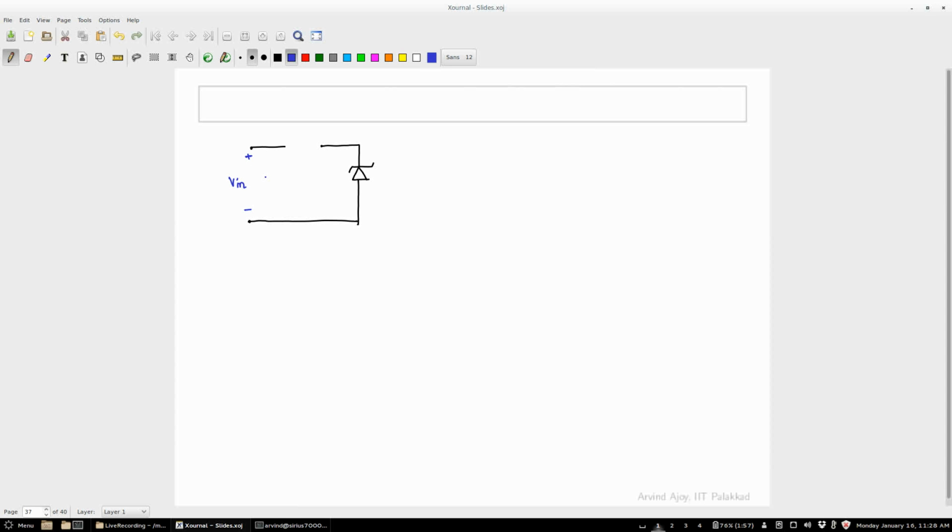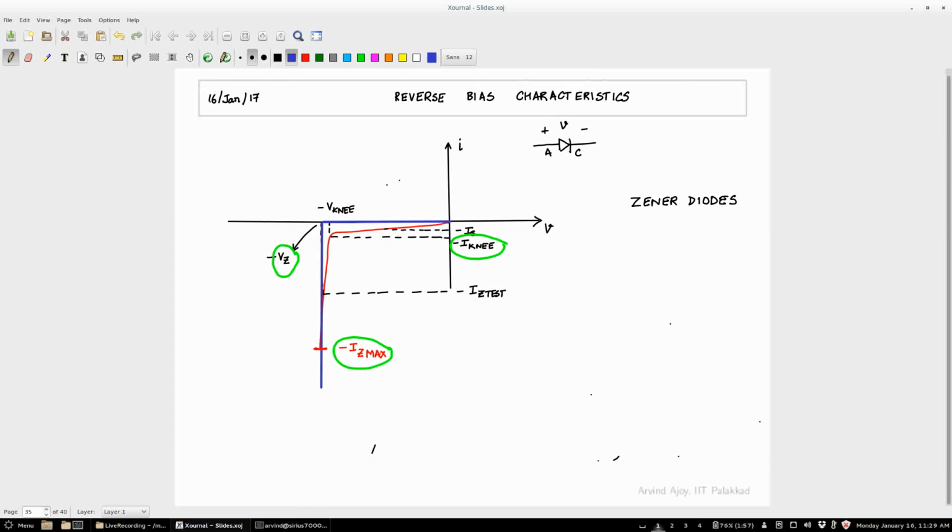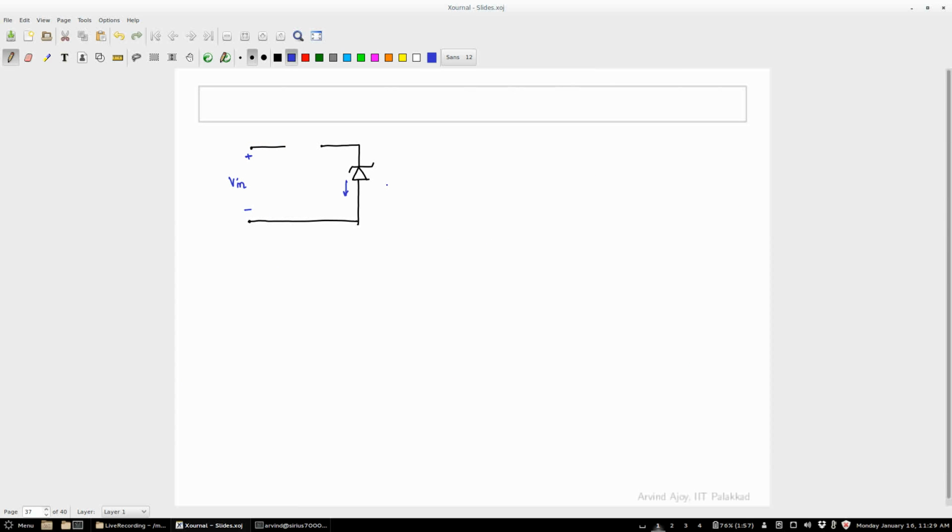Okay, so I mentioned that there is a rating, the IZ max. I also mentioned that everything was put with a negative sign. The reason is that in its standard operation, I am giving in a V in which is going to fluctuate, but the V in is drawn such that the positive terminal is going to the cathode.